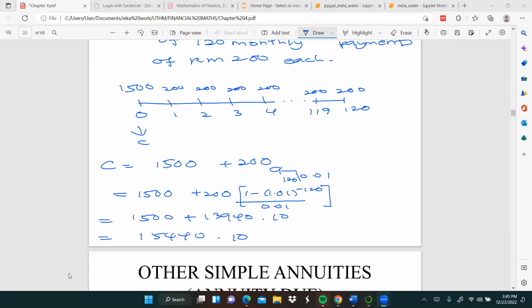So this is the value if he wants to be completely free from his debt. He wants to discharge his debt, so this is the total value that he needs to pay at the 9th payment, for the 9th month.